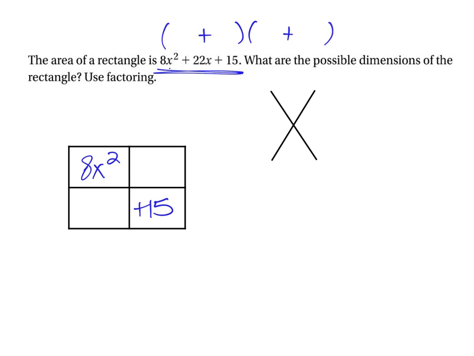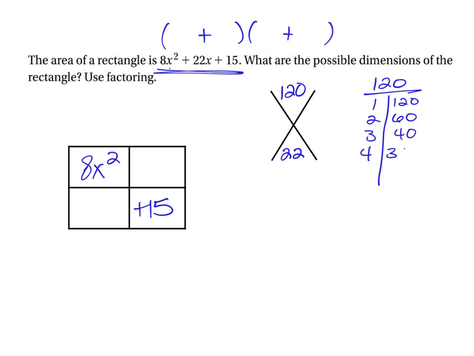8 times 15 is actually 120, and then I need a sum of 22. So when I go to list my factors of 120, it's going to be a little lengthy. So we have 1 and 120, 2 and 60, 3 and 40, 4 and 30, 5 and 24.